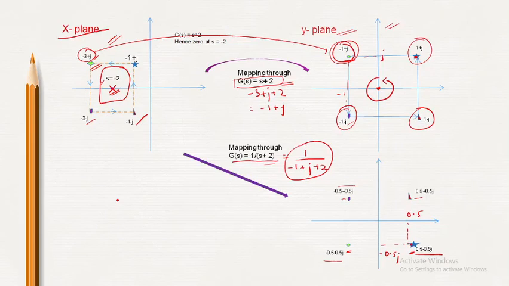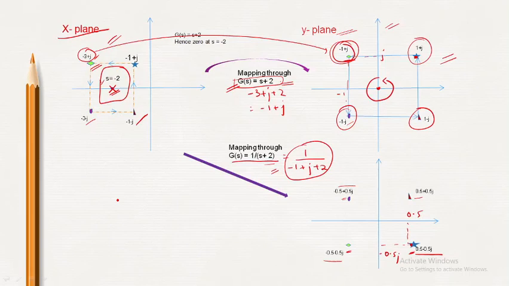So what is the change here? In the first function we had a 0. In the second function I have a pole. Both the 0 and the pole are lying inside the contour, but the direction of the contour that I got for the 0 was anti-clockwise, and the direction that I am getting here is clockwise.